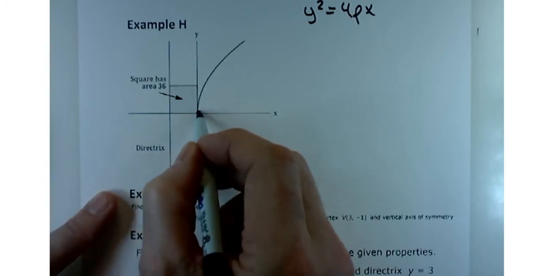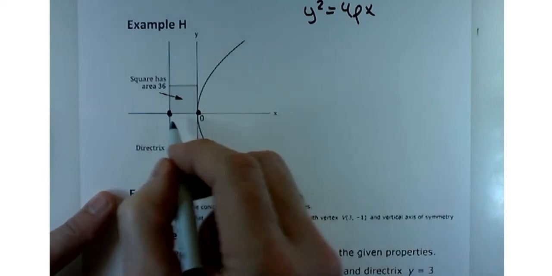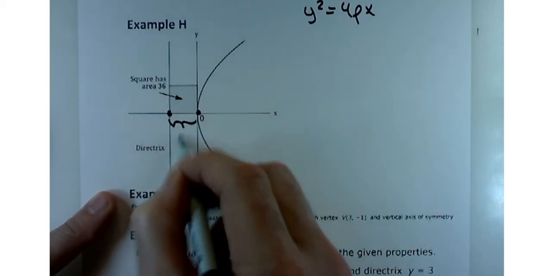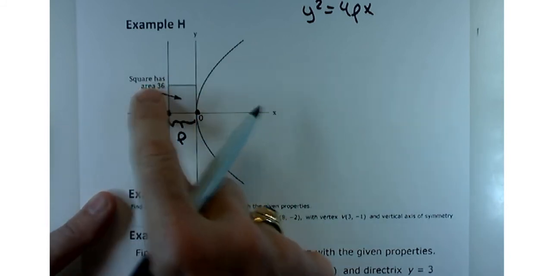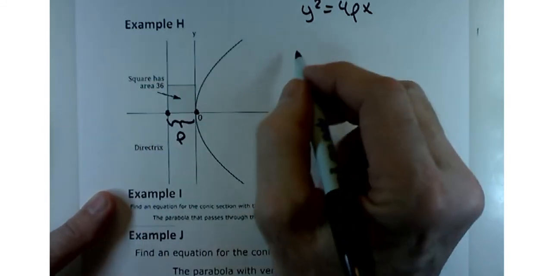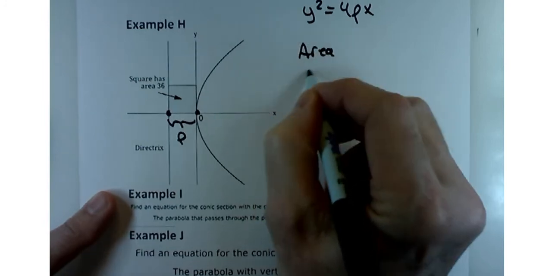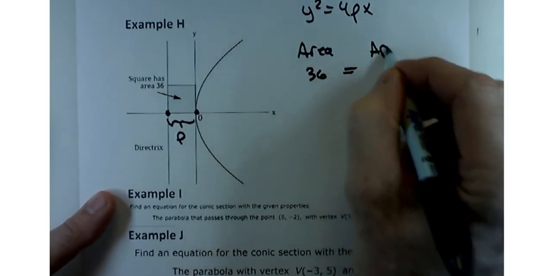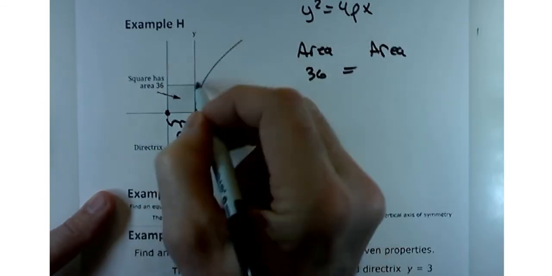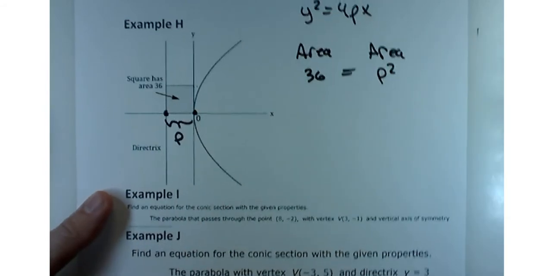Well, I know that if this is my vertex and this is my directrix, that distance here has to be p. So I can come up with two different expressions for the area here. One of them is that the area is 36, and the other is that the area is p times p, because this is a square. So it's p squared.